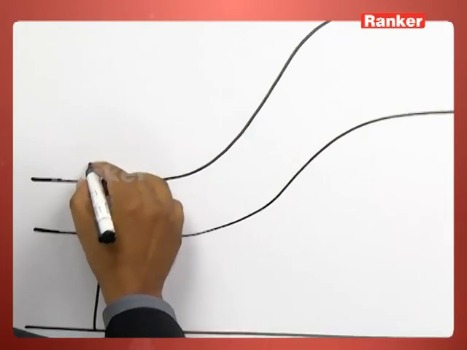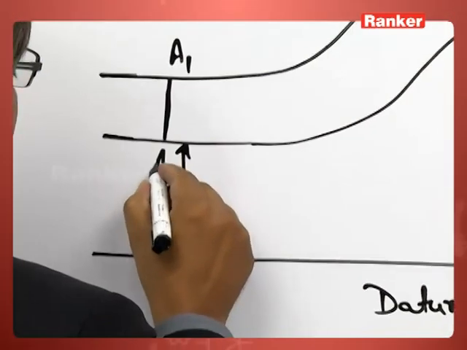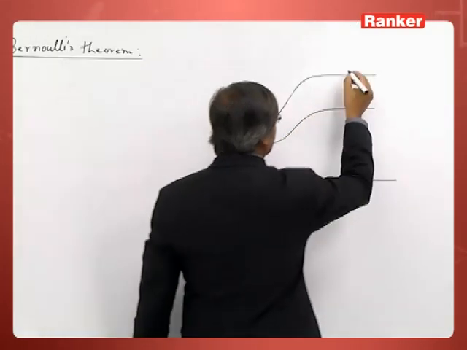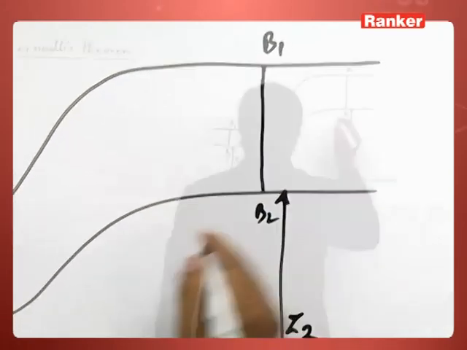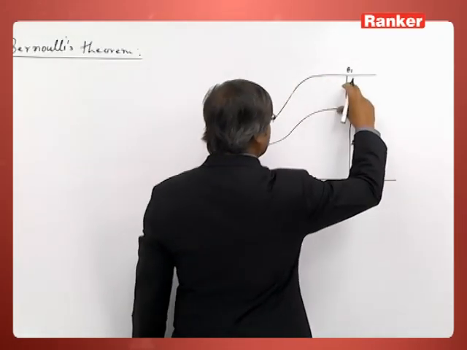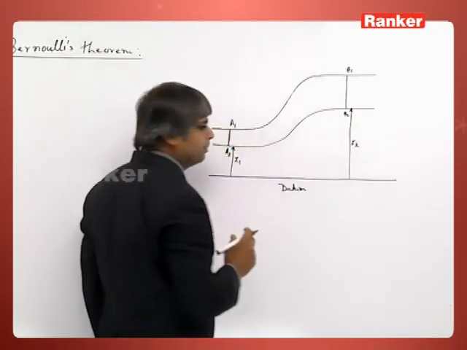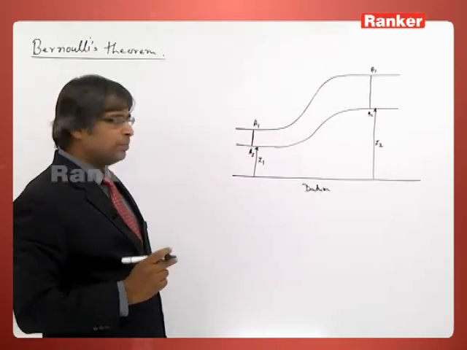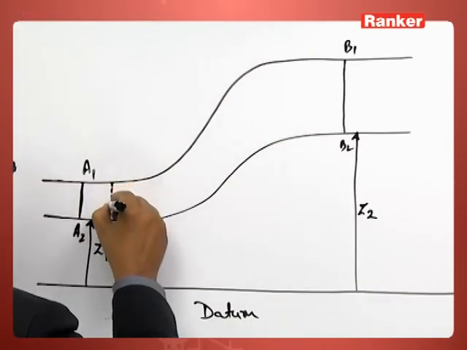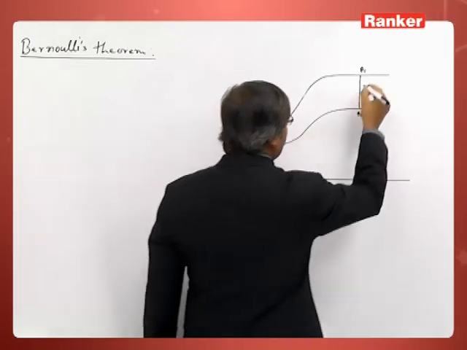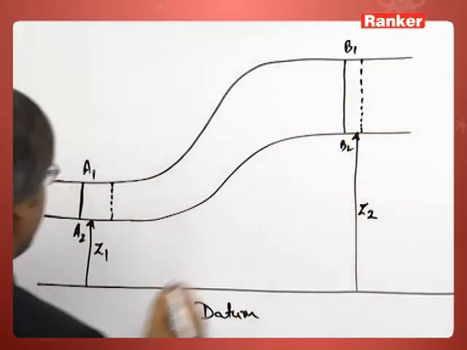So you see here A1, A2, B1, B2. So the liquid is initially at the cross section A1, A2 to B1, B2 at time t, and next it comes to this dotted position after certain time and to this dotted position another time.